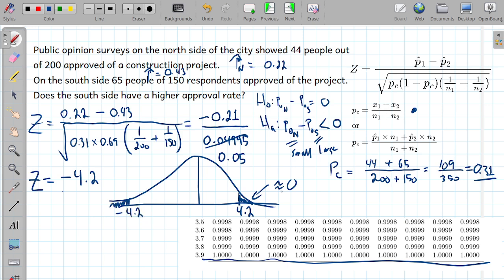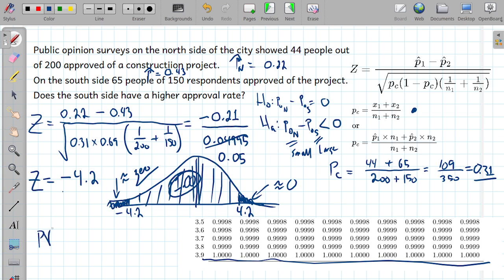Well, if the area up here is 0, then the area in this region, all through here, is 1. Well, that means this area here is essentially 0 as well, because these curves are symmetric around the center. So if the upper tail is essentially 0, then the lower tail is essentially 0.